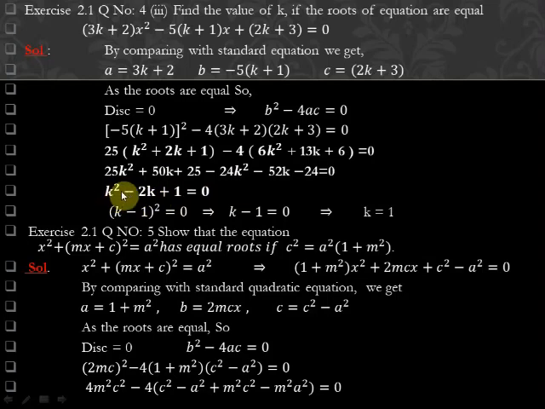This equation k square minus 2k plus 1, clearly on closing, we will get (k minus 1) whole square. On taking square root of this statement, we will get k minus 1 is equal to 0, and from this we will get the value of k is equal to 1.